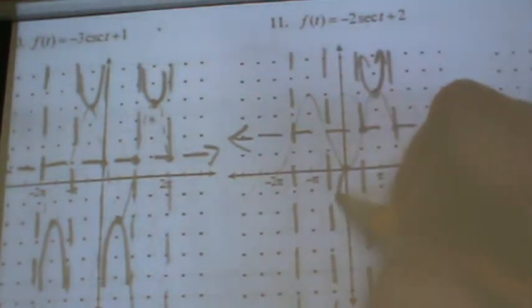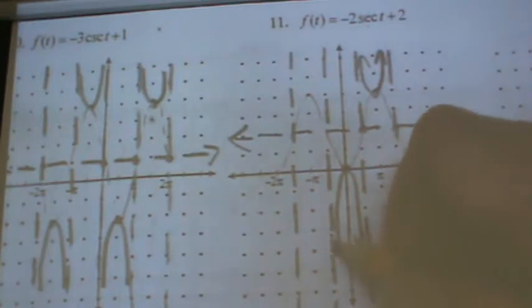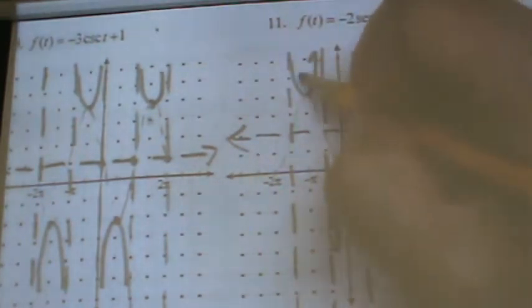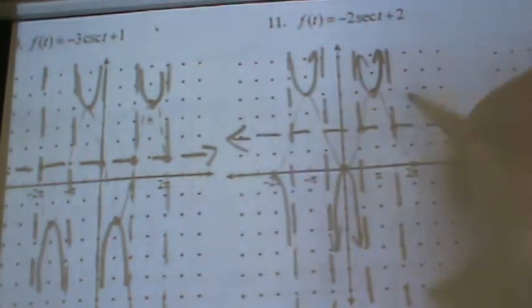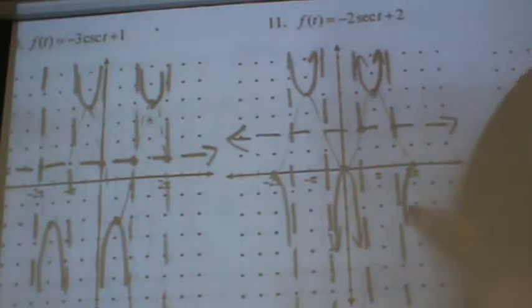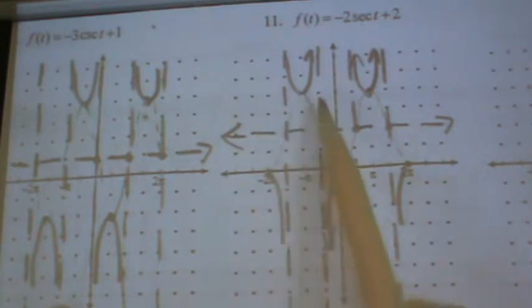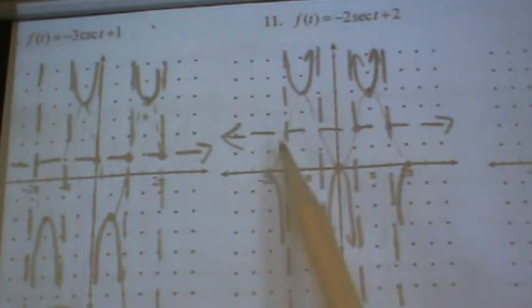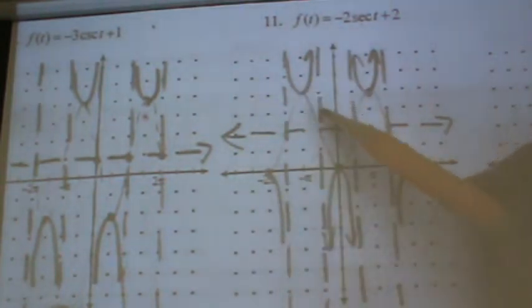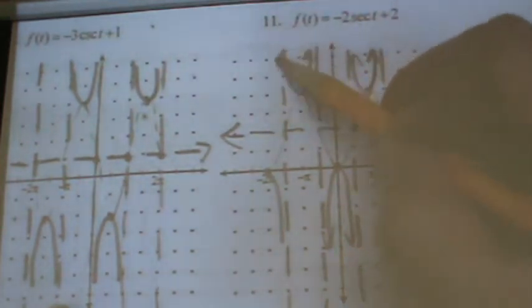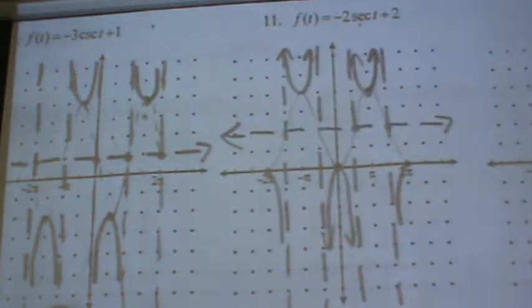Some people will use like a pen or a marker to graph them. You want to make sure that whoever's looking at this understands that this is not the answer. This is just a guide to graph the actual -2 secant.